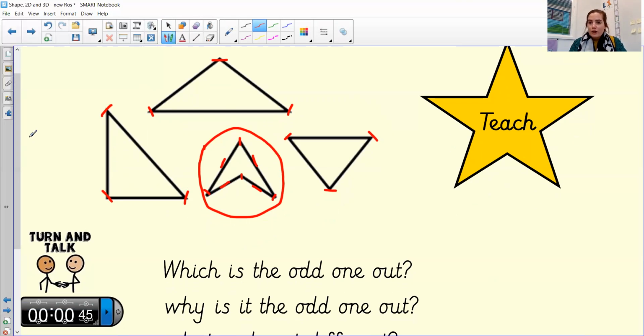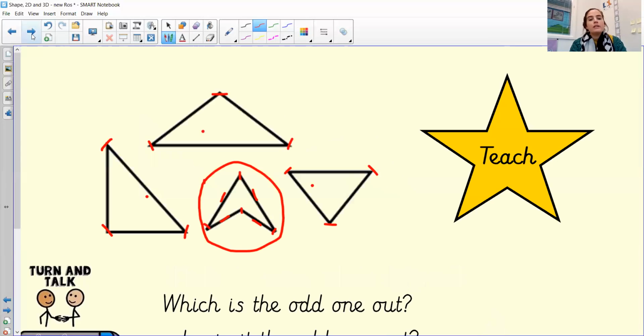Does anybody know what these shapes, and like our previous slide, this slide, does anybody know what they're called? Because this one is a different size to this one, but they're all the same thing. Pause the video now and have this discussion. You were correct.